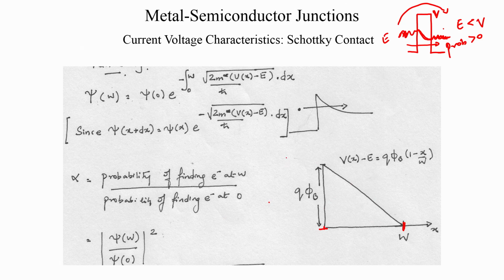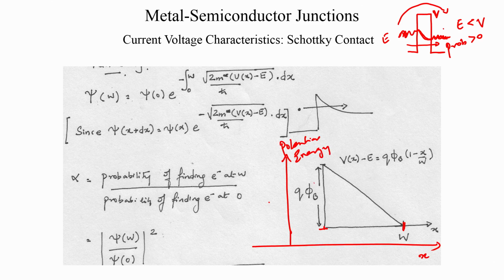So, this is my potential profile, my potential well, if you want to call it. That is the potential energy, and that is the barrier q phi_b, and at some distance W the potential profile hits 0. It goes like that, it comes down like that.